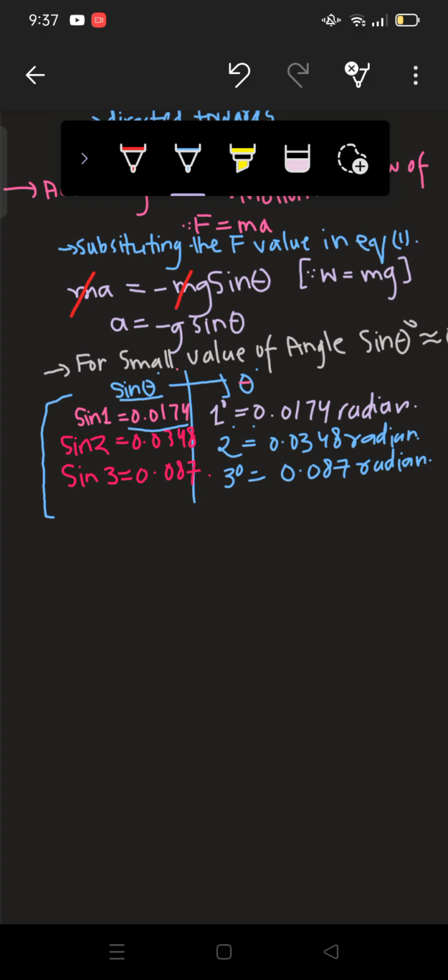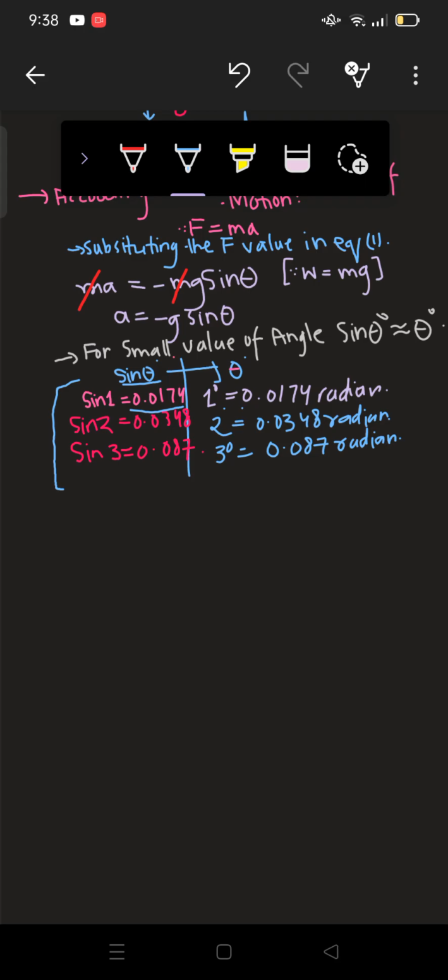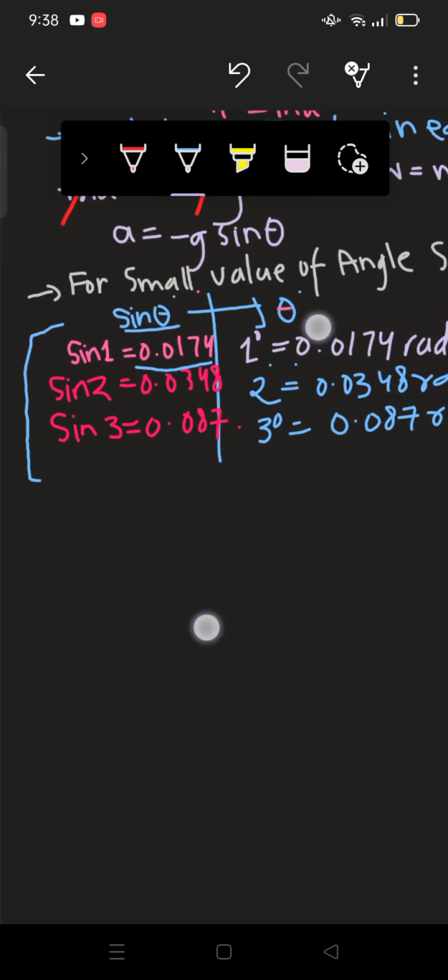Sine 3 degree is equal to 0.087, and 3 degree is also equal to 0.087 radian. But if you say sine 30 degree is equal to theta, it is not possible, since 30 is a larger angle. We have already written, for small values of angle, sine theta would be equal to theta.